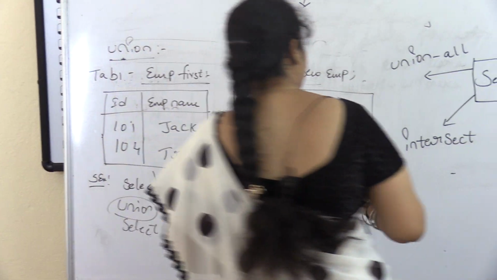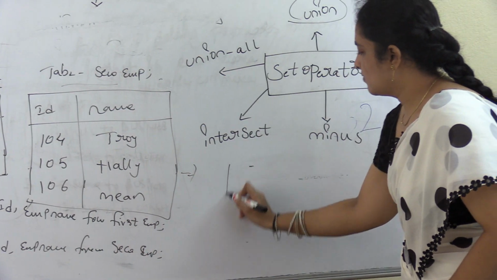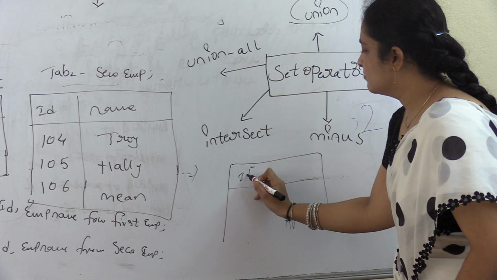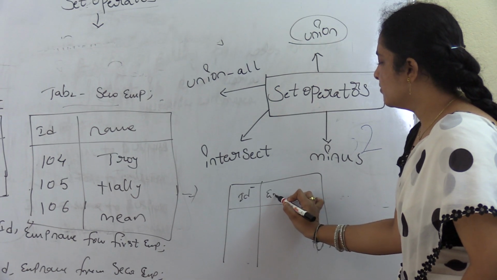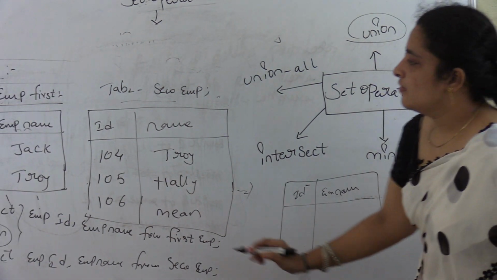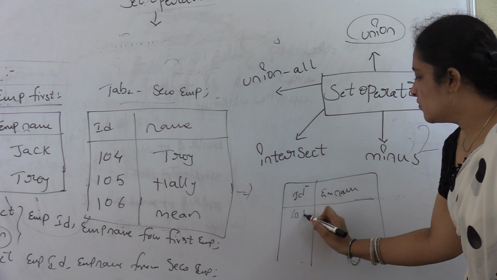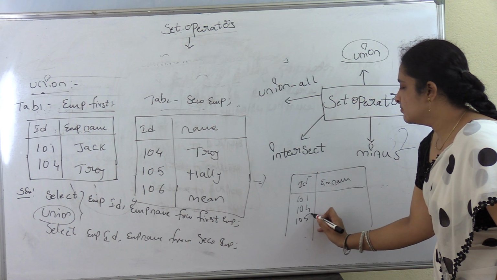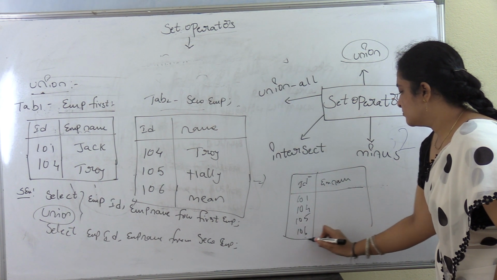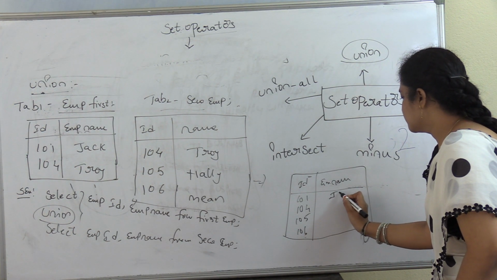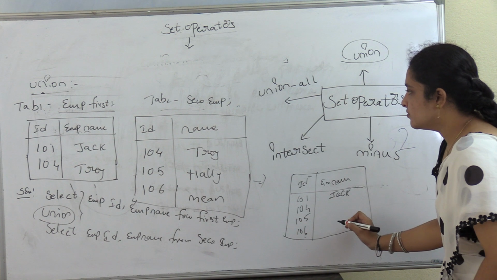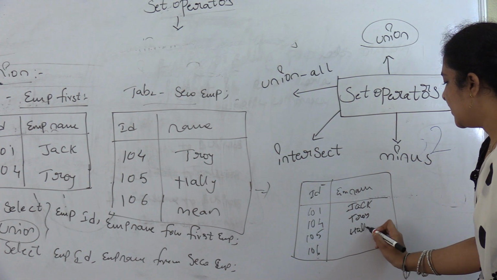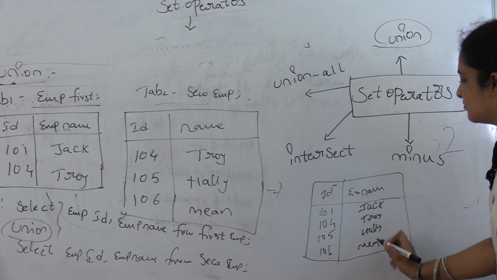Output: in these tables the common columns are ID and employee name. Both tables have 101, 104, 105, 106: Jack 101, Troy 104, Hallie 105, and 106.